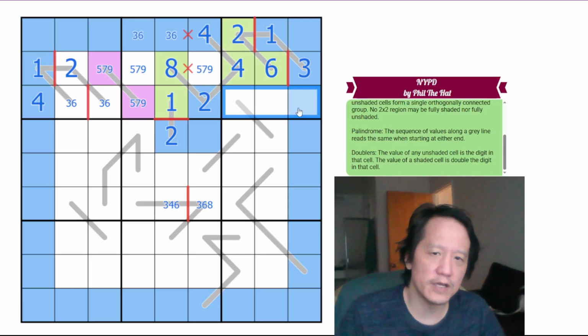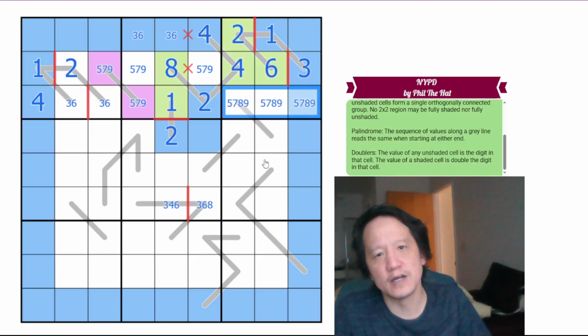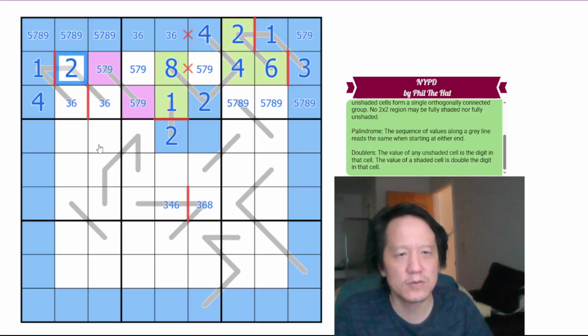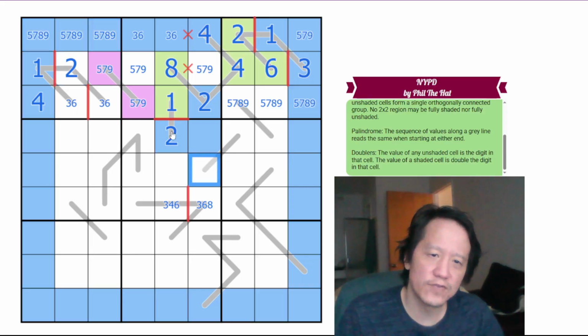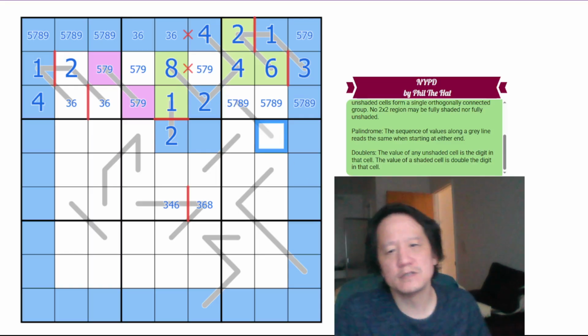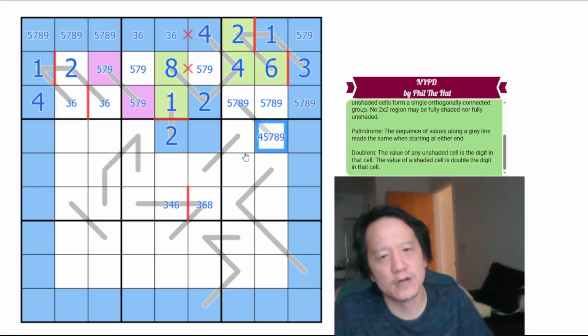One of these is 8, the other one's 5, 7, 9. That means this is 5, 7, or 9 here. We have 5, 7, 9 with 8 here. So far, that's fine. That means this is 4, 5, 7, 8, or 9.